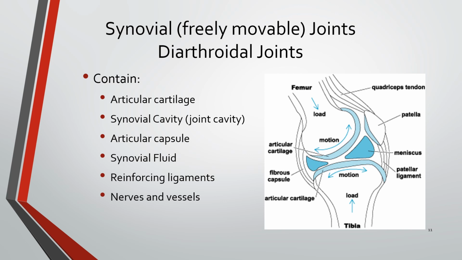Lastly, the synovial joints will also include nerves and vessels. So again, nerves are going to provide us with some sensory feedback. So it's going to give us information in terms of, whoa, we're stretching this joint too far. We've gone too far out of our range of motion. It can also provide us information about pressure that's going on in the joint.